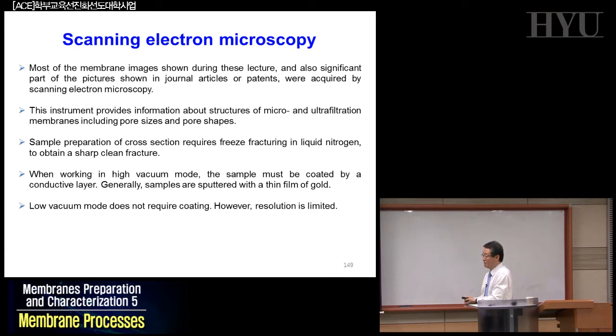So instead of a dead picture, we can see the live picture, just like a video of what's going on between the molecules, or between the phases, interfaces, or even with live organisms as well. So environmental SEM is quite popular in agricultural or biological systems.